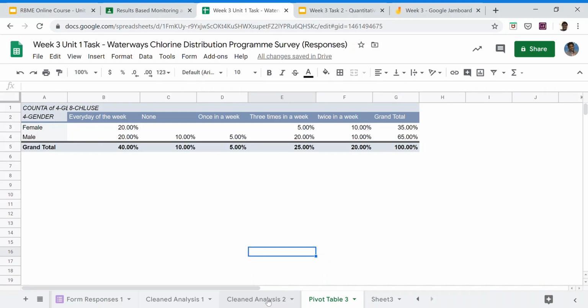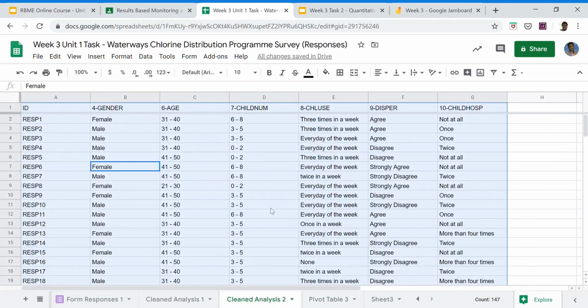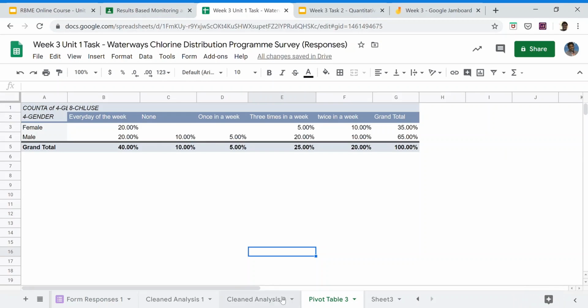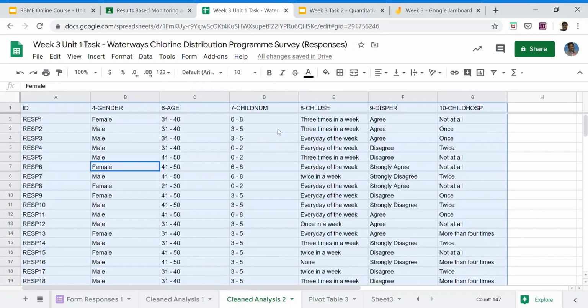That's why we budget for data analysis on its own. So let's have another one that might be interesting. Yes, child hospital.